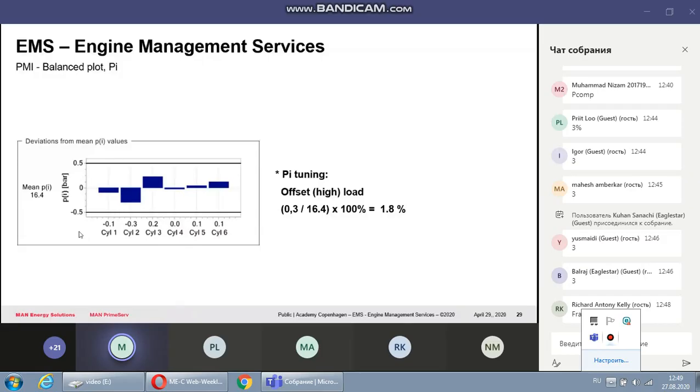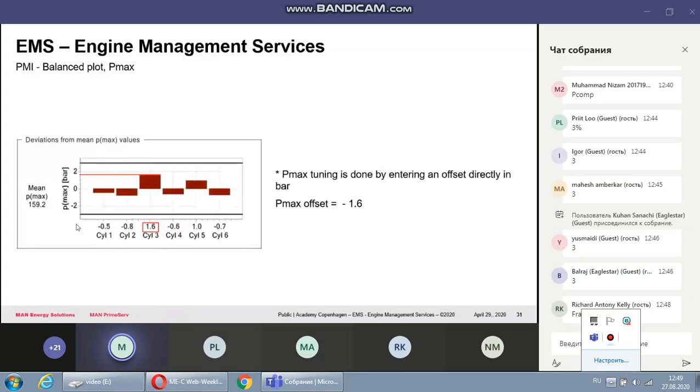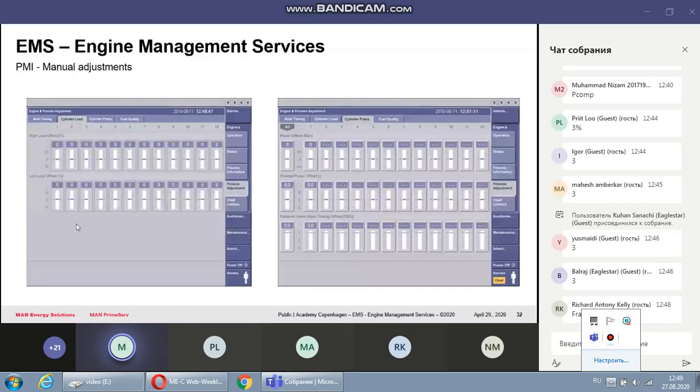So P compression, which key do you need to adjust? Which MOP screen do you need to go to? Out of the two screens, which one do you need to adjust?